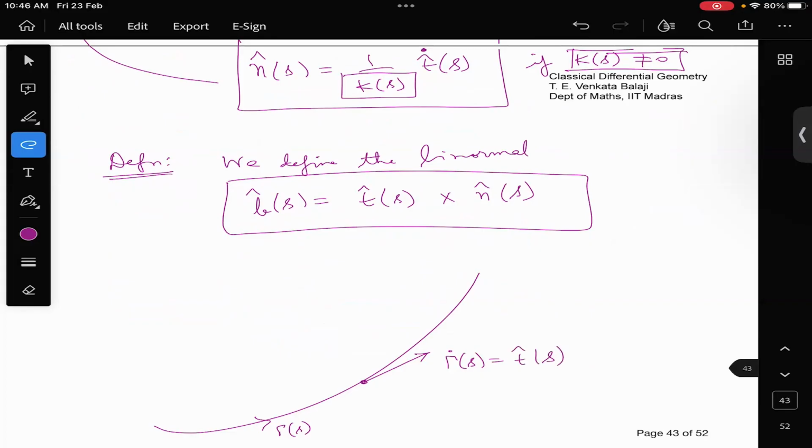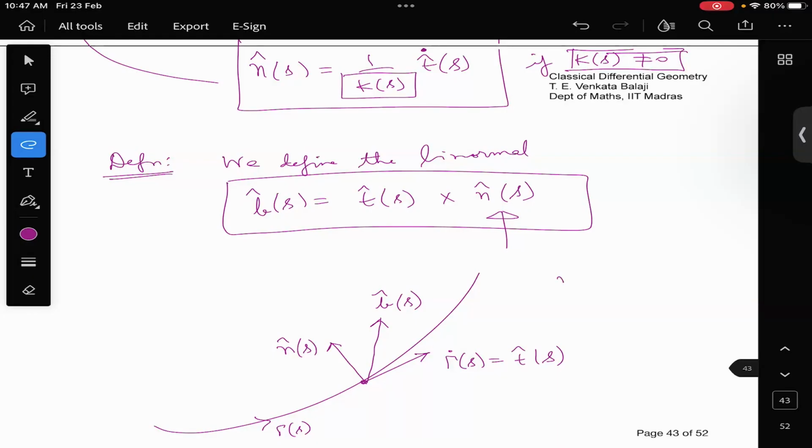Then you have the principal normal, this is n hat of s, and then you have the third one, which is b hat of s. So this is the orthonormal frame, a triad of three mutually perpendicular unit vectors, and its right-handedness is given because of this cross product, okay.